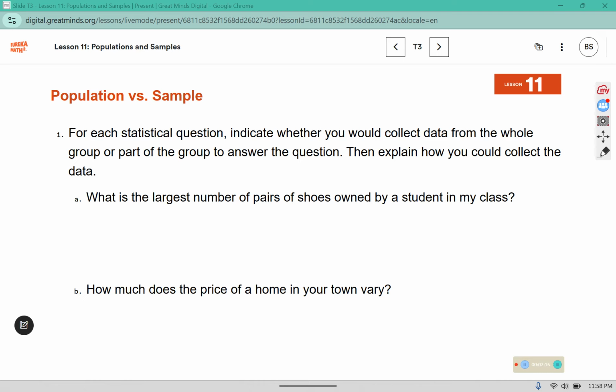For each statistical question, indicate whether you would collect data from the whole group or part of the group to answer the question. Then explain how you could collect the data. So here, what is the largest number of pairs of shoes owned by a student in my class? Well, we could collect the data from the whole group.